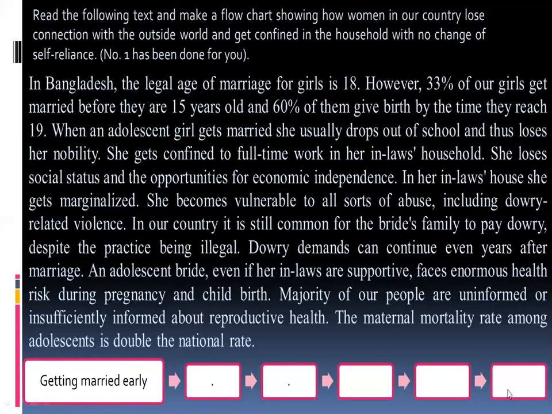So this is the question. What does the question want? The question wants to show how our women lose connection with the outside world and get confined in the household with no chance of self-reliance. Number one has been done for it. This is very important.